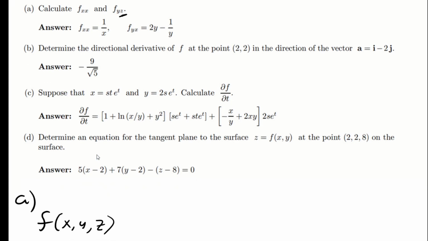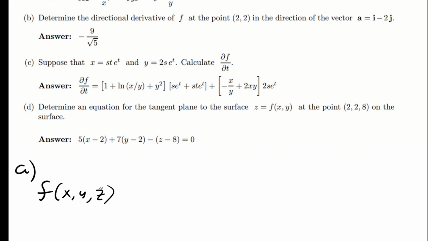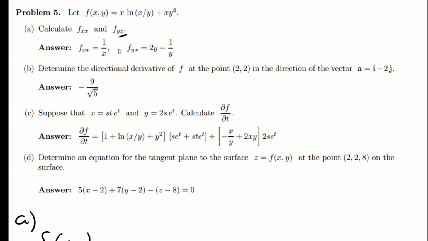Actually no, I'm going to assume that's a typo, because otherwise this thing is just 0. So I'm going to assume that that's an x instead of a z. So this is equal to x ln x over y plus x y squared.